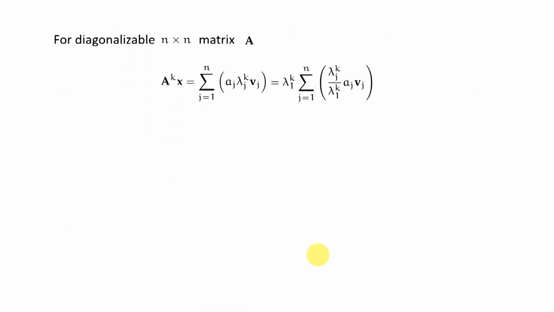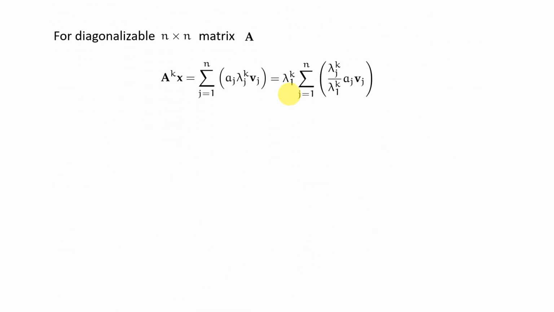Taking lambda 1 to the power k out of the summation sign is not arbitrary. Here lambda 1 is special. This is the dominant eigenvalue, such that absolute lambda 1 is greater than absolute lambda i, where i goes from 2 to n, which means absolute lambda 1 is greater than absolute value of any other eigenvalue.